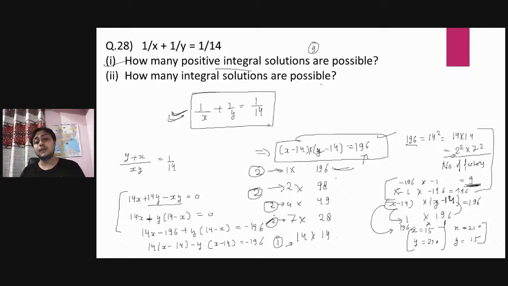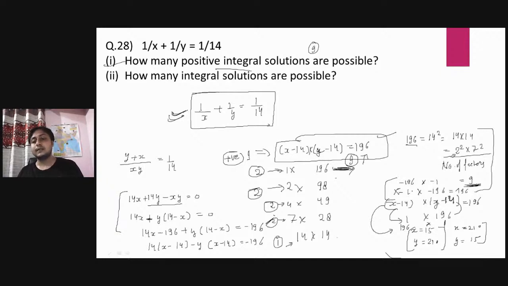How many integral solutions are possible? So guys, these were for positive integral solutions. And for integral solutions, 1 into, we have four choices here, right? कि कौन कौन सा: 1 into 196, 196 into 1, -1 into -196, and -196 into -1.